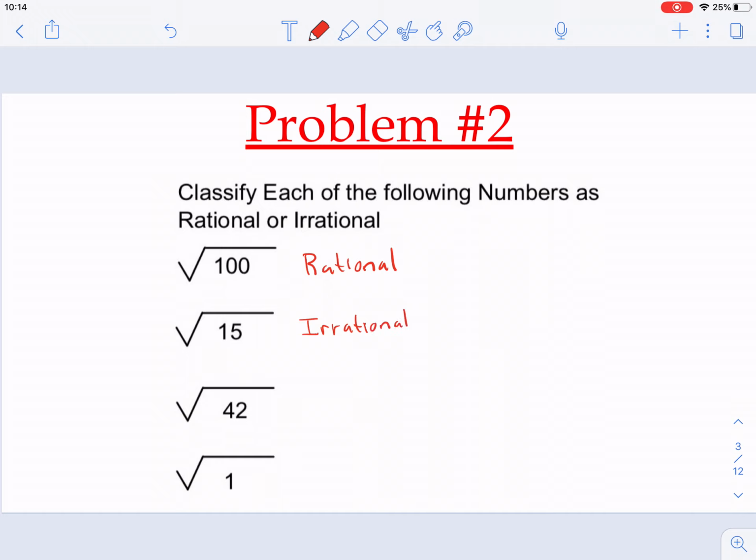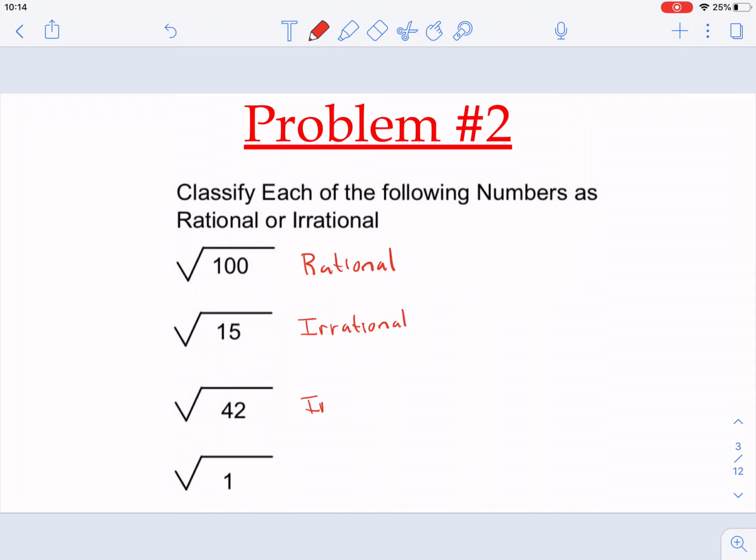The square root of 42. 42 is not a perfect square, so the square root of 42 would be an irrational number. And the last example, the square root of 1. 1 is a perfect square, so the square root of 1 would be a rational number.